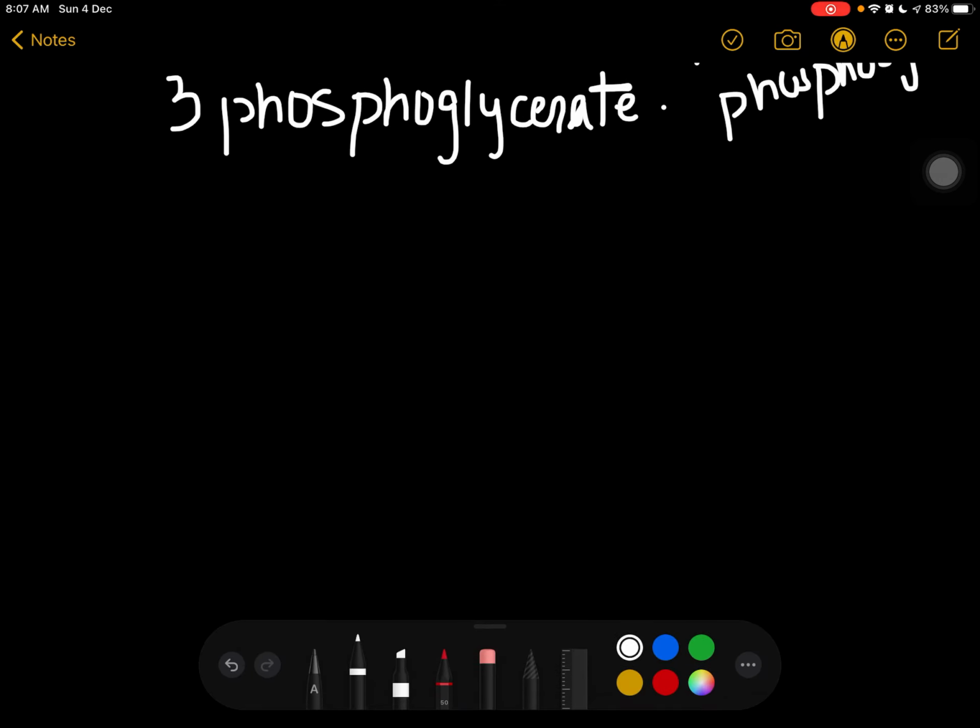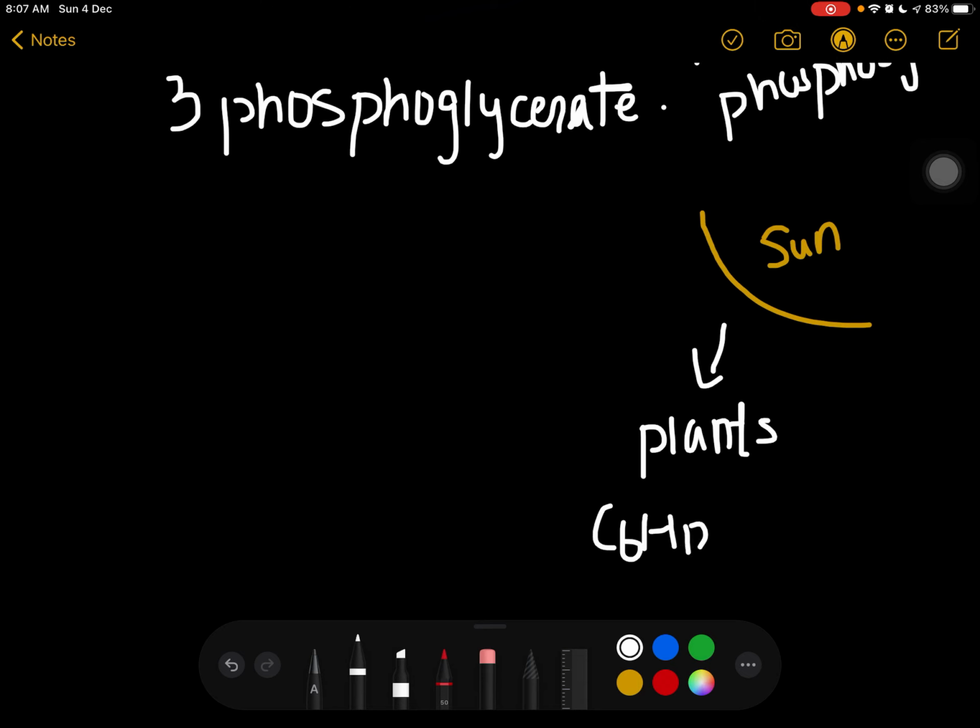Now basically, for example, we are having the sun, right? And we know the only producers in our whole world are plants, right? We have plants as producers. They use this sunlight, they form basically C6H12O6. They form this glucose.